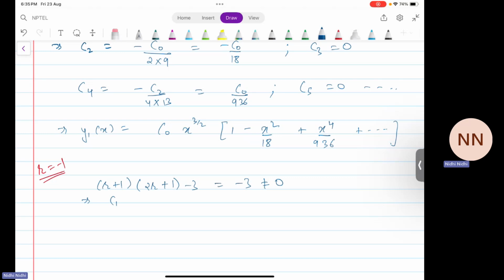This gives us that C1 is equal to 0 and Cn is equal to minus Cn minus 2 by (n minus 1)(2n minus 3 minus 3), which is minus Cn minus 2 by n(2n minus 5) for every n greater than or equal to 2.